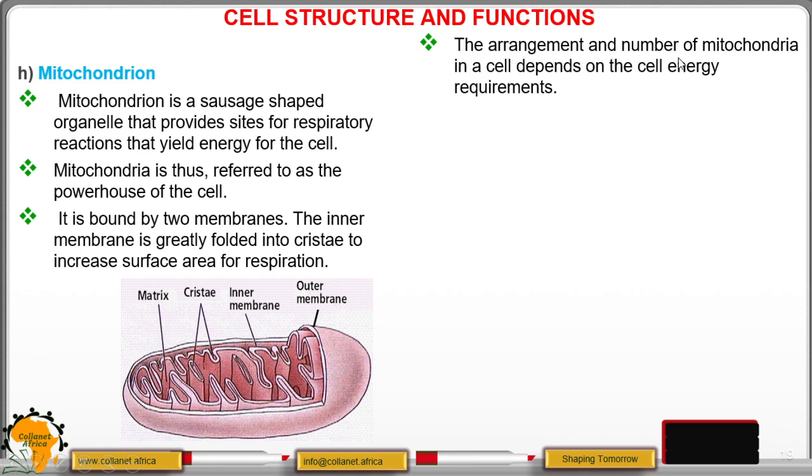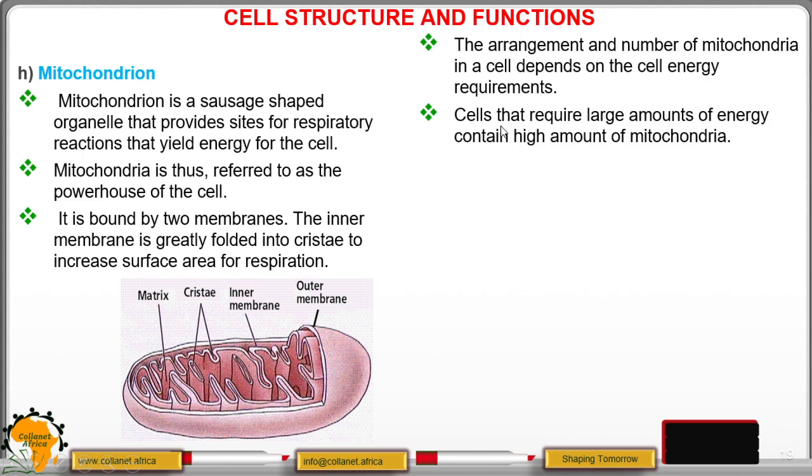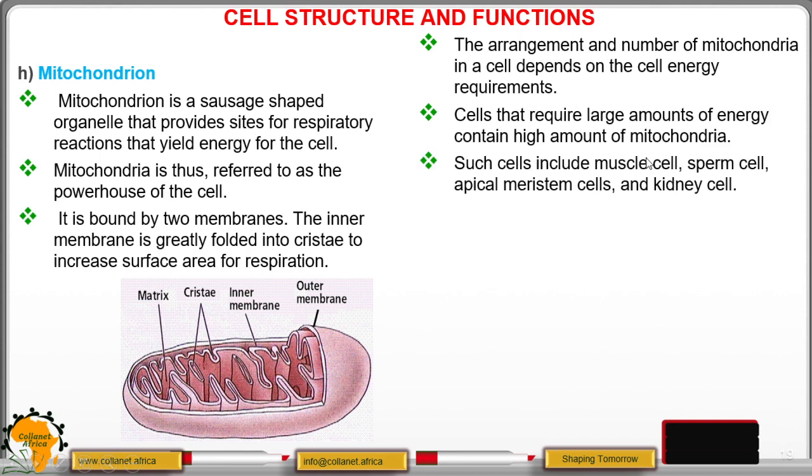So the arrangement and number of mitochondria in a cell depends on the cell energy requirement. Cells that require large amounts of energy contain numerous mitochondria. These cells include the muscle cell, so that it can contract and relax to bring about movement, sperm cell, the apical meristem, that is the growing regions in a plant, such as the root tip and the shoot tip, and also the kidney cells in animals.